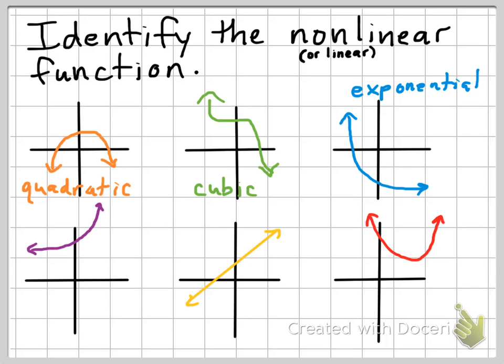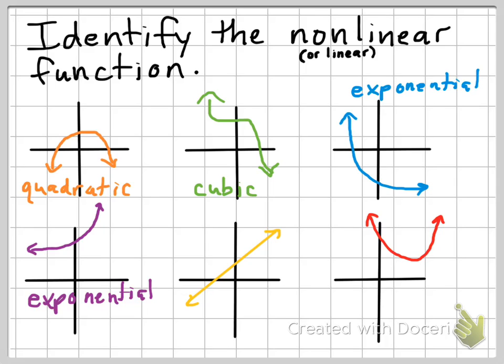Okay, now the purple one, it's also pointing up on one side and flat on the other side. Even though it's pointing a different way than the blue one, it's still up on one and flat on the other. It's still exponential. Okay.